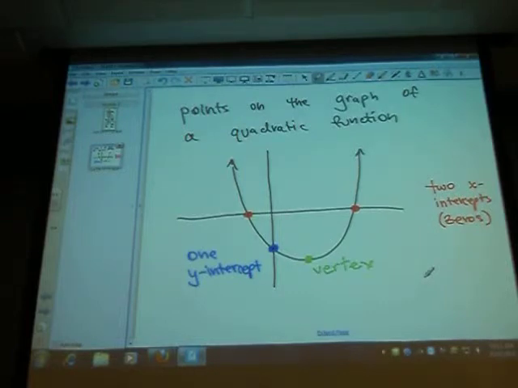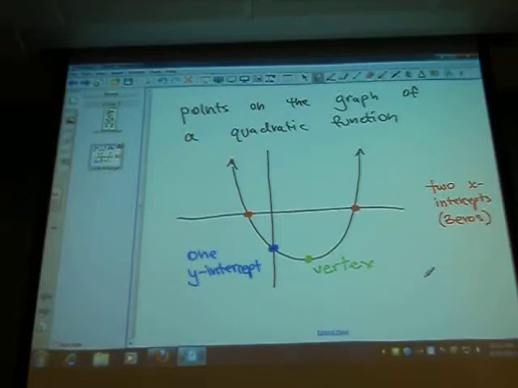If your function is concave up, the vertex is a minimum point. If your function is concave down, the vertex is a maximum point. So if you're trying to figure out if it's minimum or maximum, just do a little hand signal. If you look at a U, the vertex is going to be at the bottom.